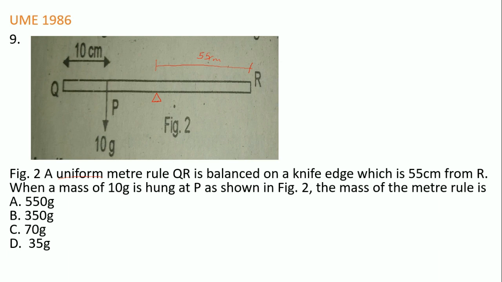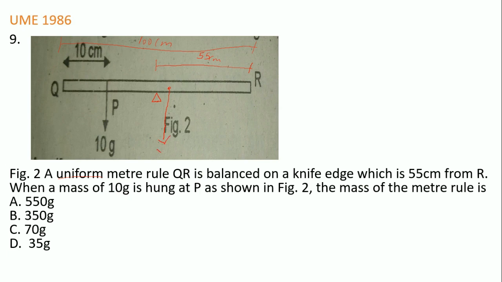So for a uniform meter rule, a meter rule is 100 centimeters. So from here to here is 100 centimeters. And since it's uniform, it implies that the weight of this mass is going to act in the middle, right about here.